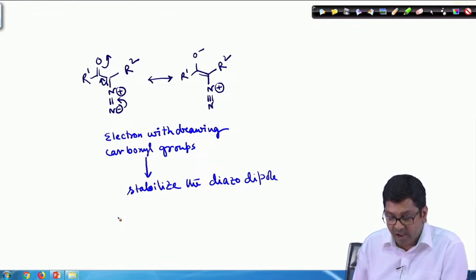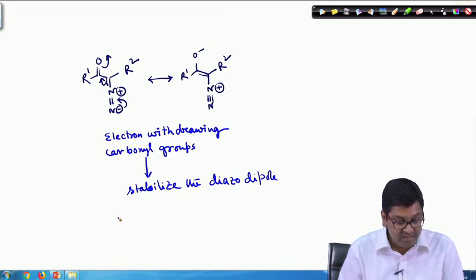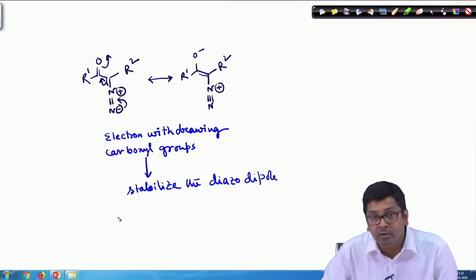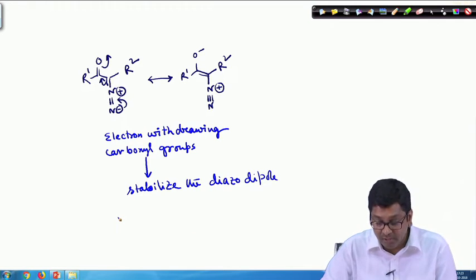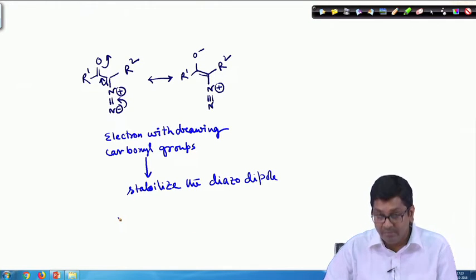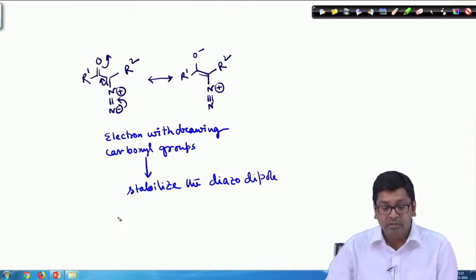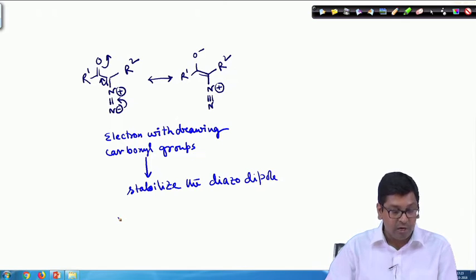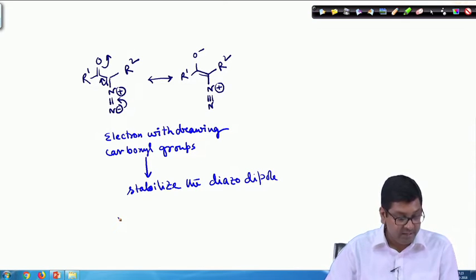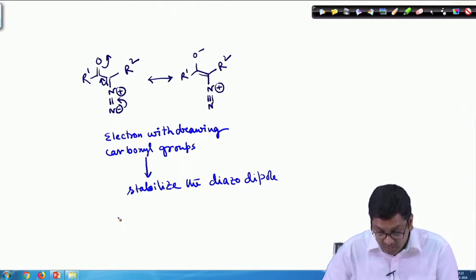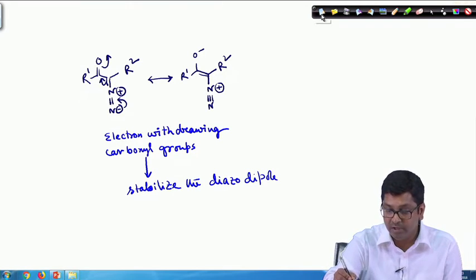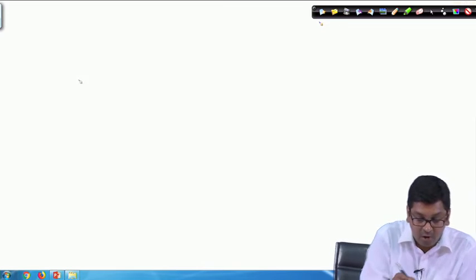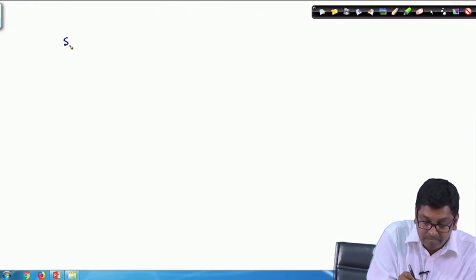Now, we will learn the synthesis of these diazocarbonyl compounds, because on decomposition they will give you the more stable carbenes. Fine. So, we need to know the synthesis of these diazocarbonyl compounds and their possibility to form the carbenes. Okay. So, let us see the synthesis of diazocarbonyl compounds.